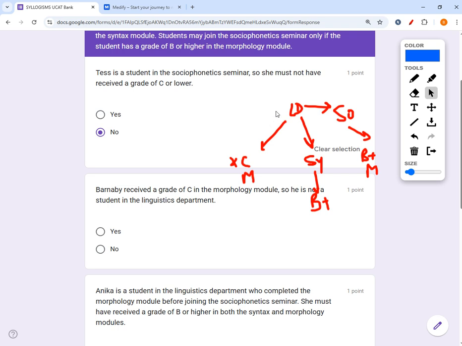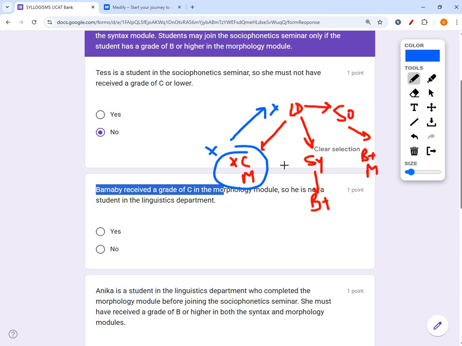When can we go back? Whenever there's negation. In this case, if you get a C, that condition has been negated, so I can go backwards. If somebody did not get a C, I negate that: somebody who got a C in morphology will not be a student in the linguistic department.